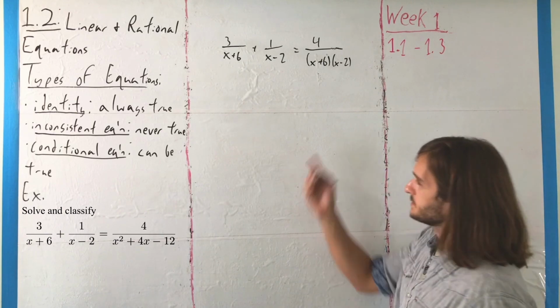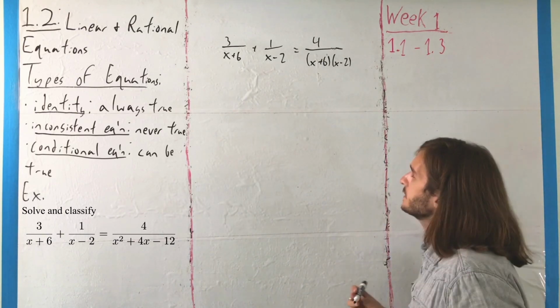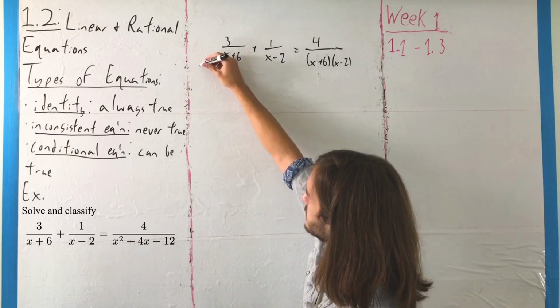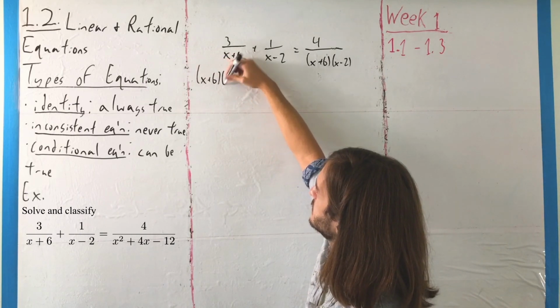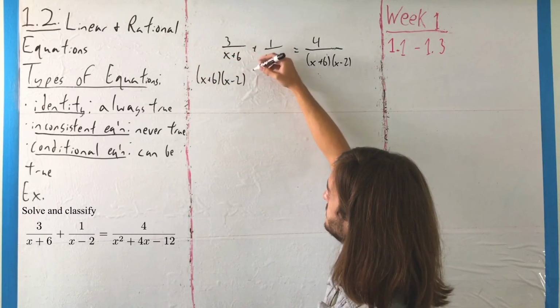And as a result, we can multiply the whole thing by x plus 6 times x minus 2.